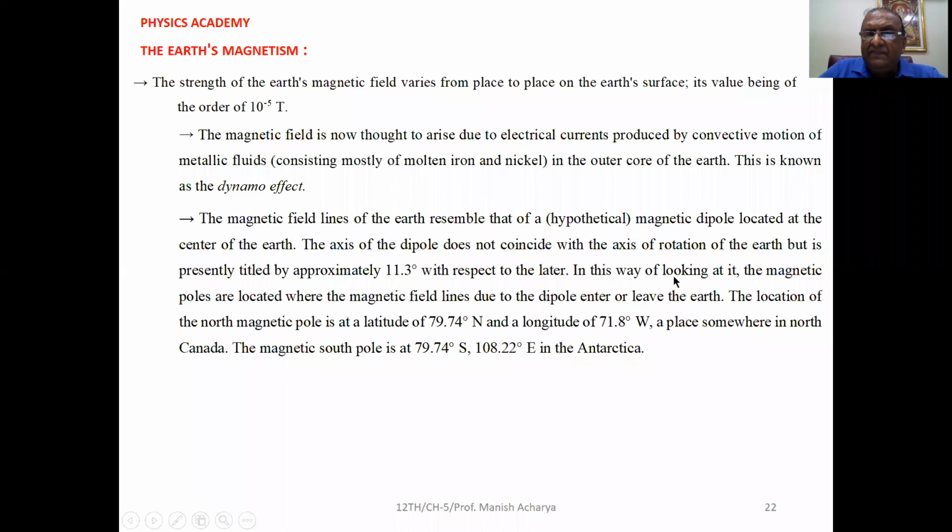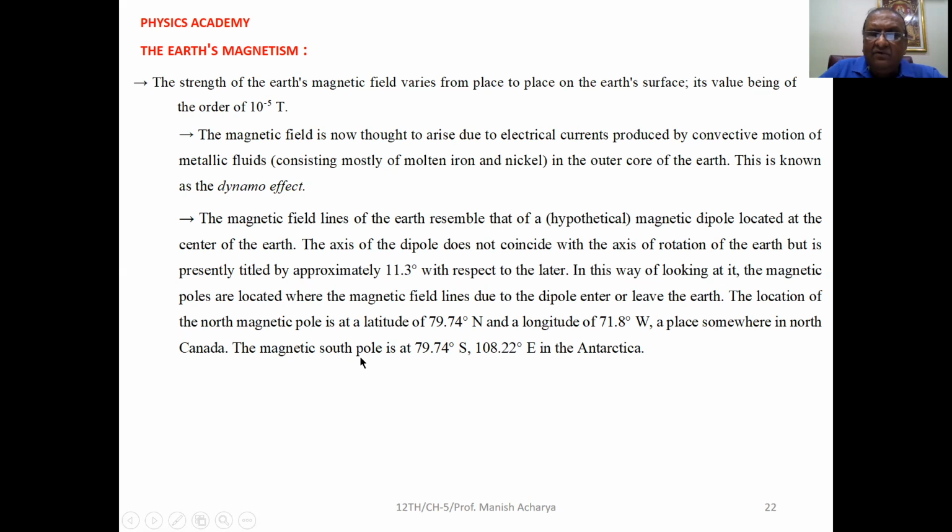In this way of looking at it, the magnetic poles are located where the magnetic lines due to the dipole enter or leave the Earth. The location of the north magnetic pole is at a latitude of 79.74 degrees north and a longitude of 71.8 degrees west, a place somewhere in North Canada.